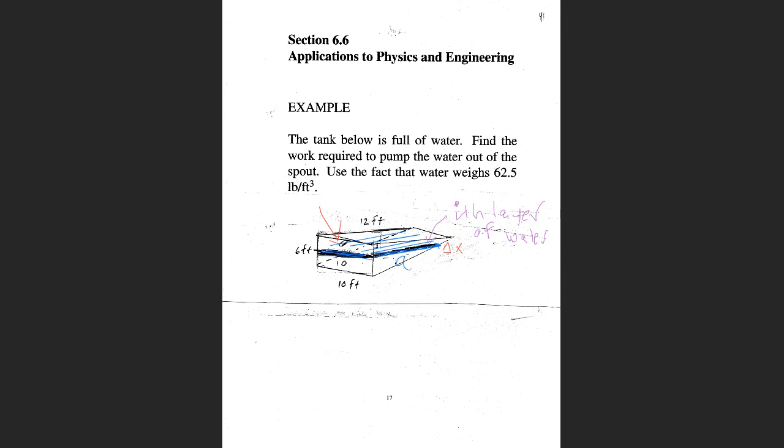So we're going to treat that entire volume of water in the tank as a bunch of layers. If we can find an expression for the work needed to bring the ith layer of water to the top of the tank, then by adding up the sum of the work values, each work value being the work to bring up the ith layer to the top, we could find the work.